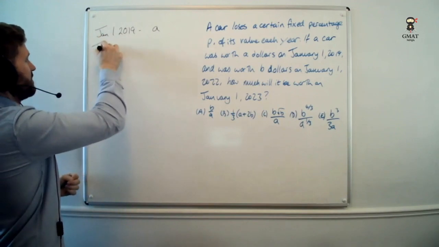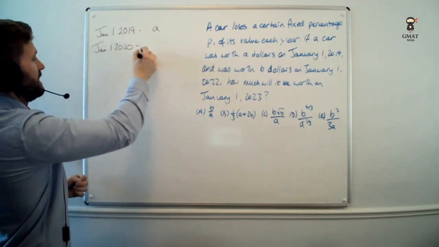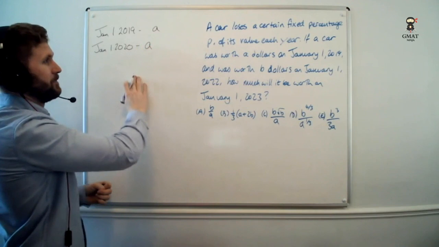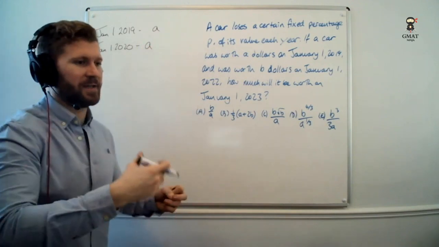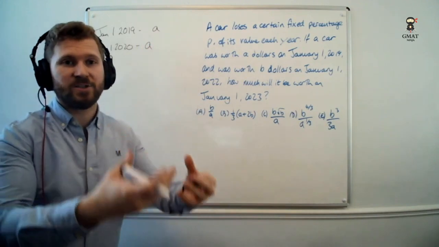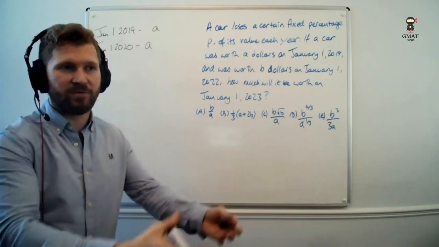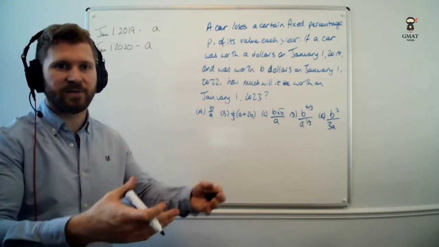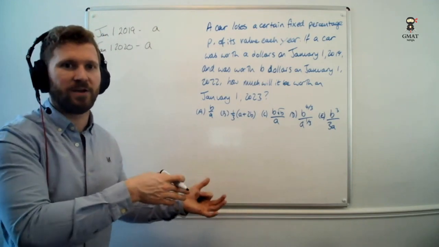So on January the 1st, 2020, I've got my original value A, and I would like to multiply that by the percentage of it. As I said, if I decrease by 25%, I have 75% of the original.